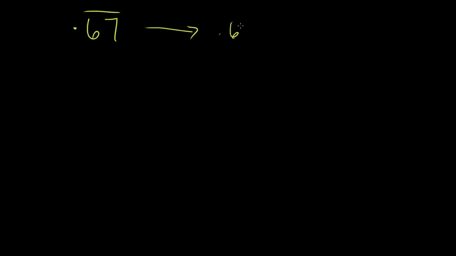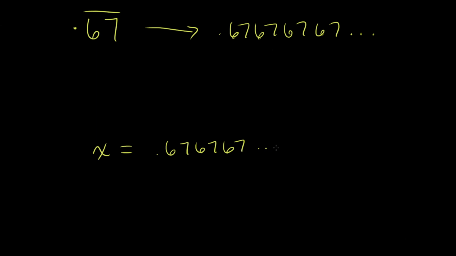This is the same thing as 0.67, 67, 67, 67, etc., forever and ever and ever. So the first thing we want to do is we have to set this to a variable. So we're going to set it to x. So x is going to equal 0.676767 dot dot dot.